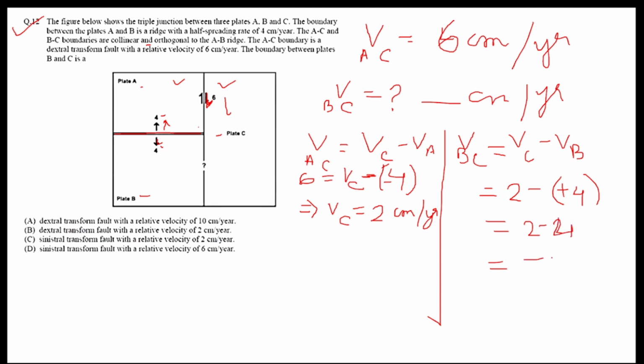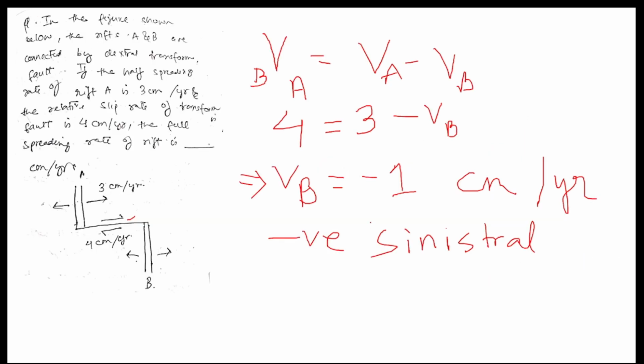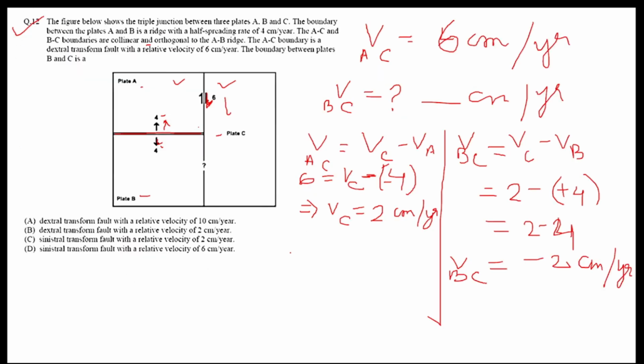Yes, I got the answer minus 2. So this is the relative velocity between B and C, centimeter per year, because the sign is negative, as we discussed earlier. If it is negative, we will take it as sinistral. So relative velocity is 2 centimeter per year and it is a sinistral transform fault.